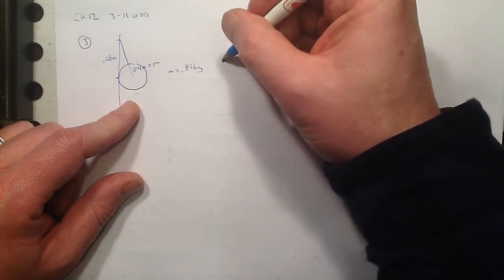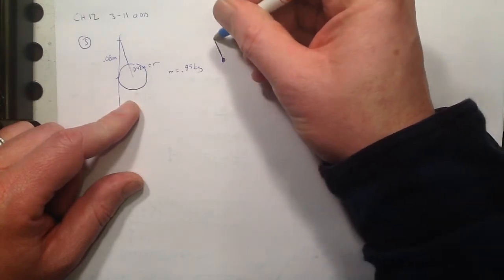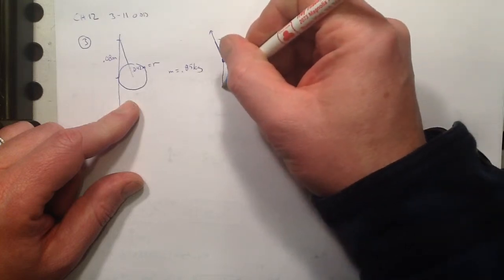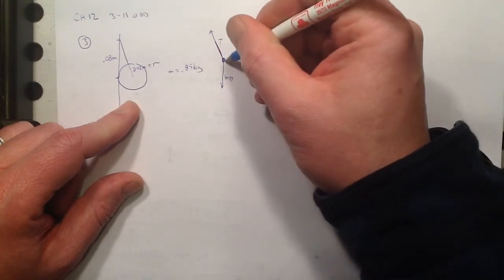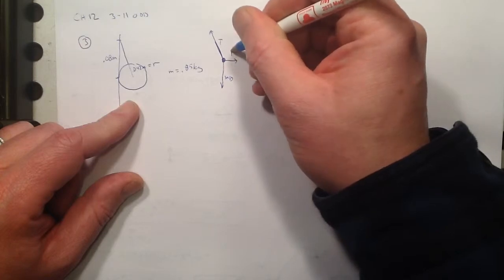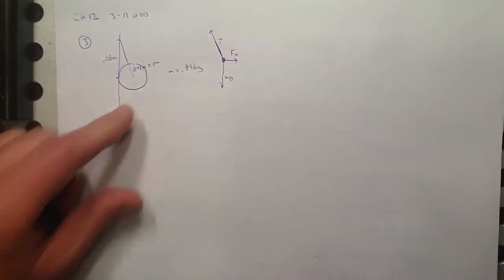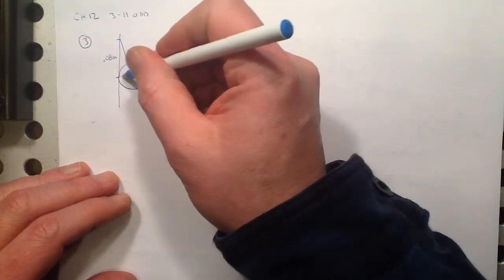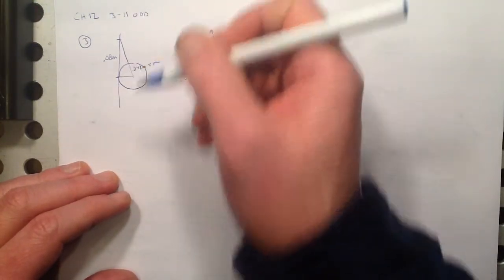We have this tension force, gravitational force, and then the normal force from the wall. 0.042 meters is the radius. This is also a radius of the sphere.